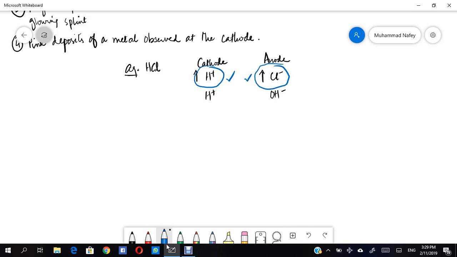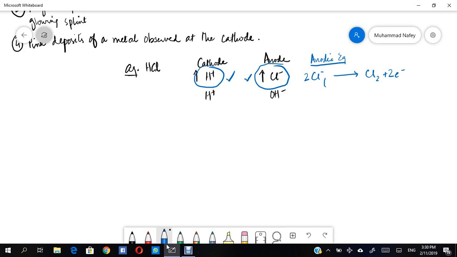So now coming to our equations. The anodic equation would be Cl⁻ gives us Cl and an electron, which is obviously incorrect. Why? Because firstly, Cl exists as diatomic molecules. So there has to be Cl₂ here, and to balance that we need 2Cl⁻ and 2 electrons.